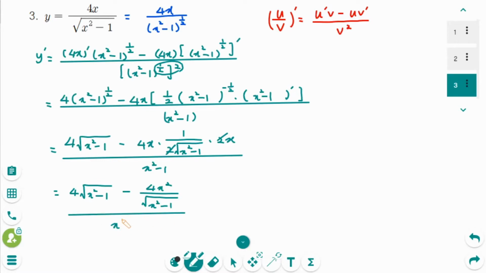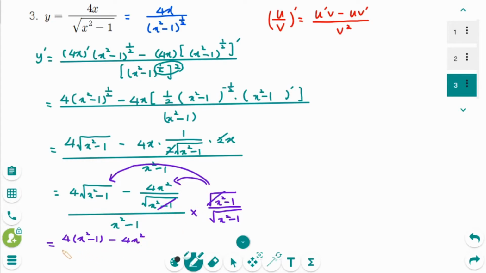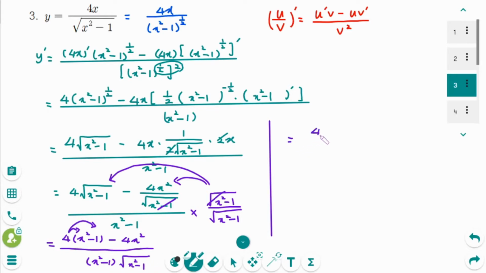over x squared minus 1 times square root of x squared minus 1 over square root of x squared minus 1 equals, expand, 4 times (x squared minus 1) minus, second cancelled, so 4x squared over x squared minus 1 times square root of x squared minus 1 equals (4x squared minus 4 minus 4x squared) over (x squared minus 1) to the power of 3 over 2, cancelled.